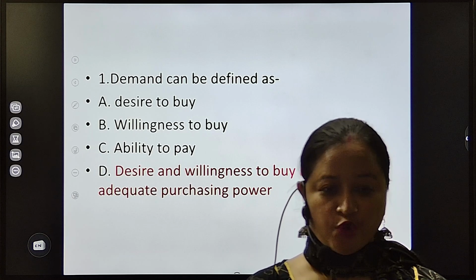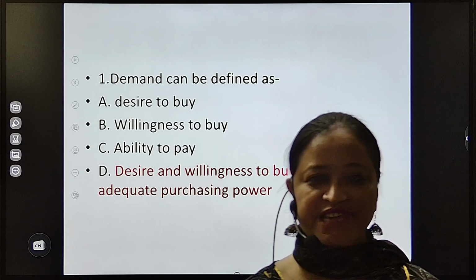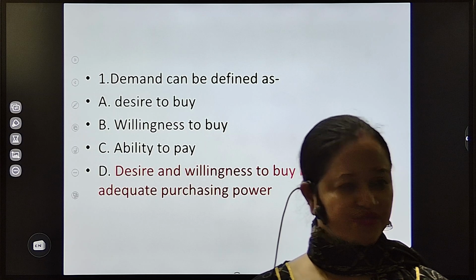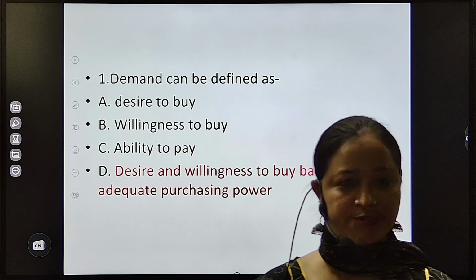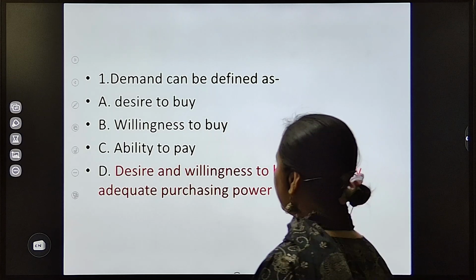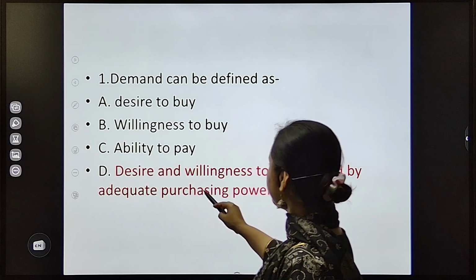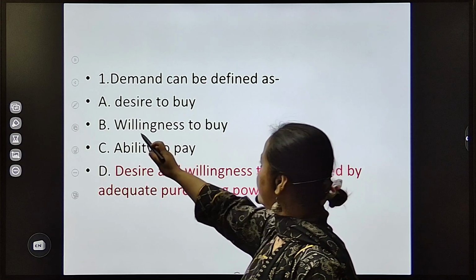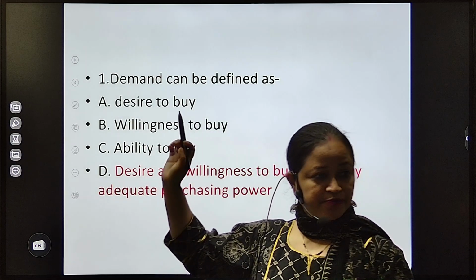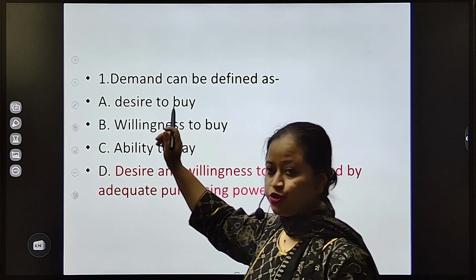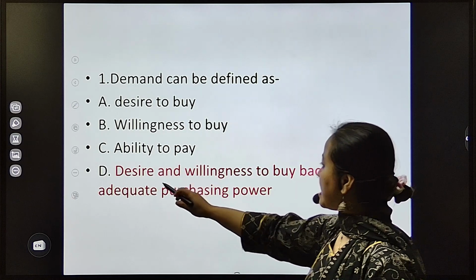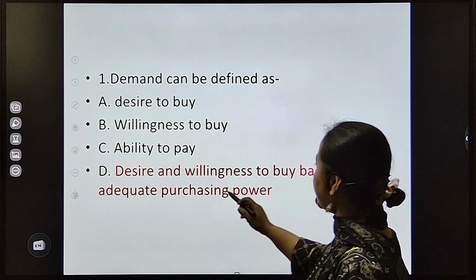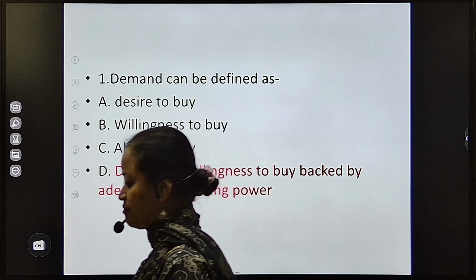Right? Or you have desire and willingness, but you do not have the money. That is also not demand. So whenever we talk about demand, you should have the purchasing power, that means the ability to pay. Then you have willingness to pay and the desire to buy.